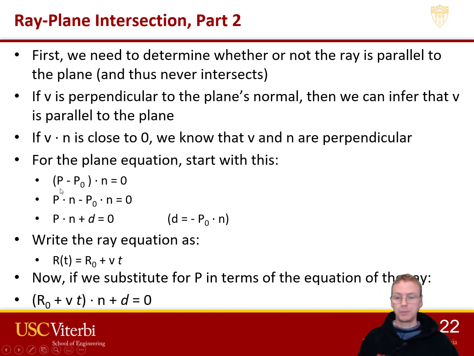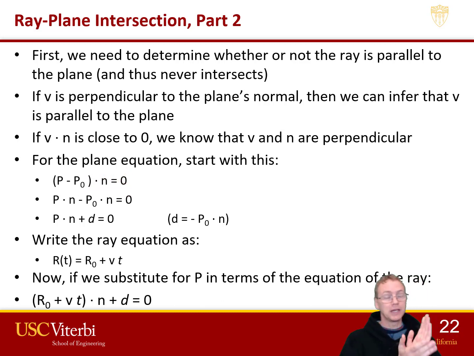So if I dot that vector with the normal, then that answer must be 0. The normal is perpendicular to the plane everywhere, and so P minus P0 dotted with N must be 0. I will use that as the basis to create my plane equation right there.